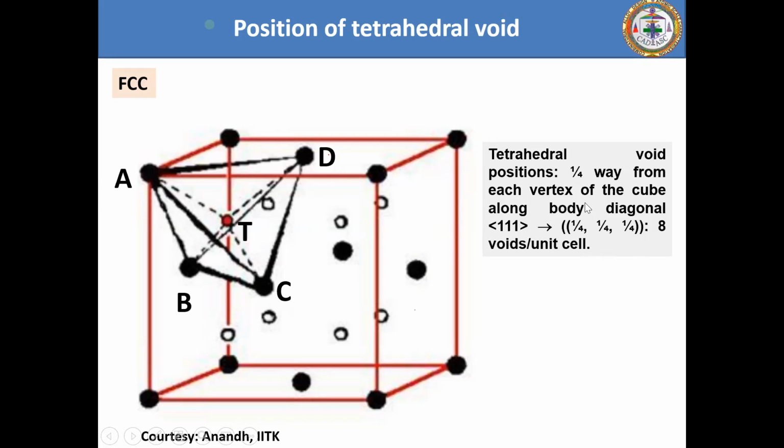So 1/4. The interesting thing is that I will now ask you one thing. This is 1/4 away from each vertex of the cube along the body diagonal. What is the body diagonal? Body diagonal is this, no? This atom to this atom, like atom A to this one, which I have not labeled, but this is a body diagonal, right? Face diagonal is a different thing. Body diagonal is a different thing. So along the body diagonal, this atom has to have a distance of 1/4 from this.